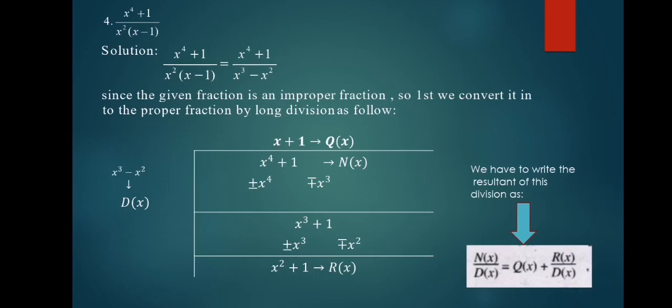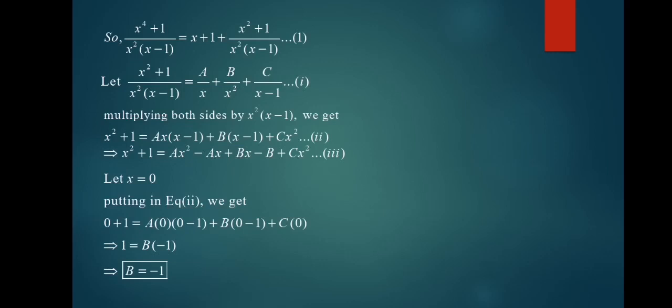N(x) is x^4 + 1, in place of D(x) we write x^3 - x^2, in place of Q(x) we write x + 1, and in place of R(x) we write x^2 + 1. So it will be (x^4 + 1) divided by x^2(x - 1) is equal to x + 1 plus (x^2 + 1) divided by x^2(x - 1). It's our equation number 1.